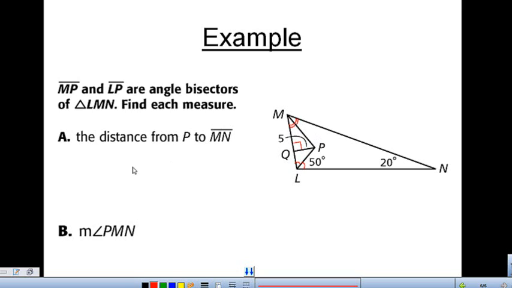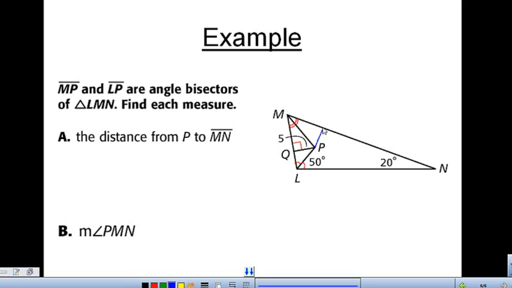Okay, let's go ahead and look at the first question. It says, find the distance from P to MN, to this segment right here. And we want to find the shortest distance. And the shortest distance is always the perpendicular distance.